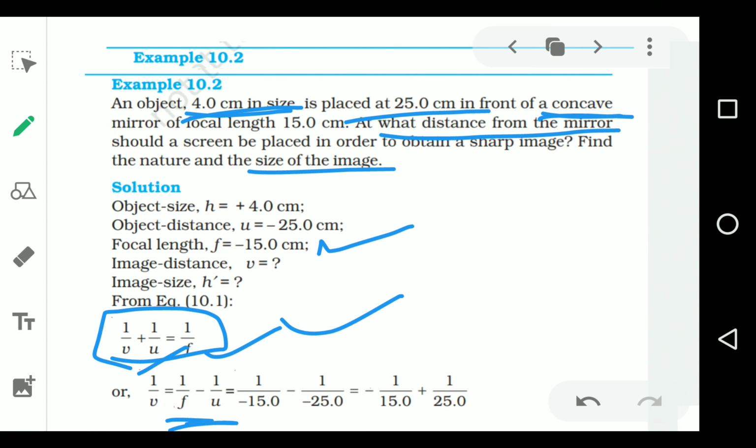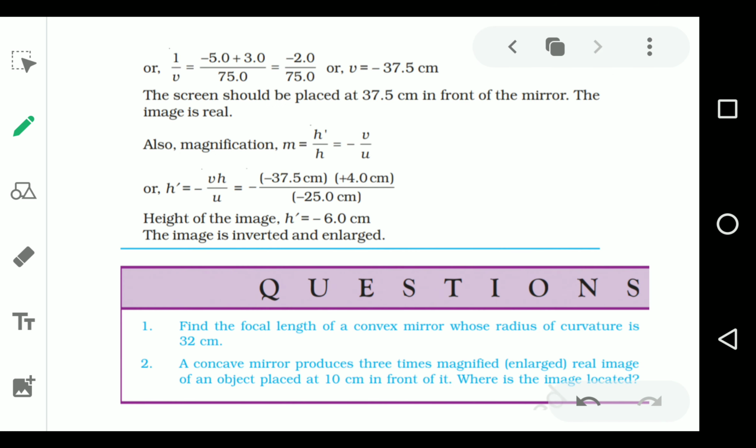Put the value of f, minus 15, minus 1 by u, with u equal to minus 25, and solve this. After solving, how much are you getting? 1 by v is equal to minus 2 by 75, or v is equal to minus 37.5 centimeter.